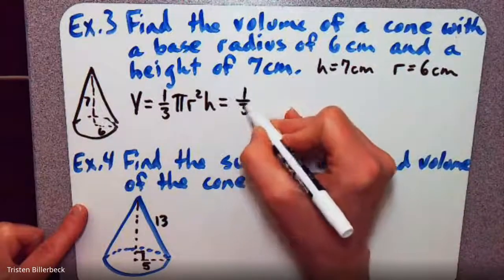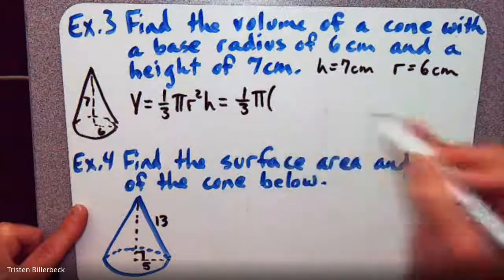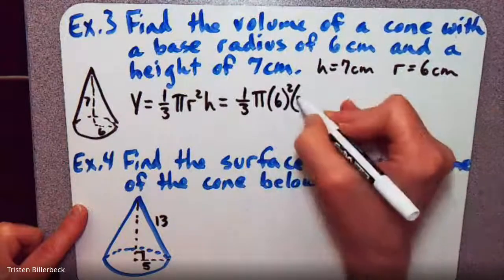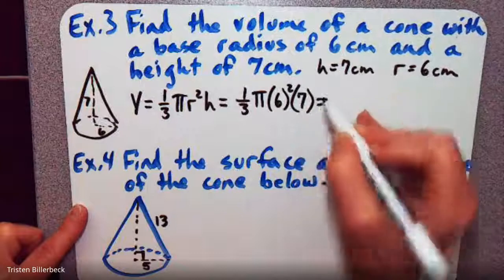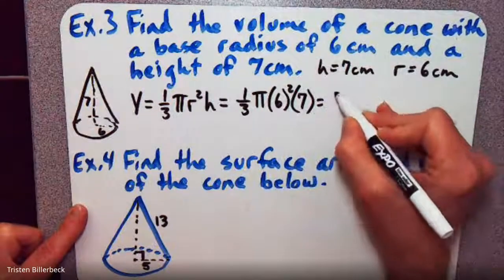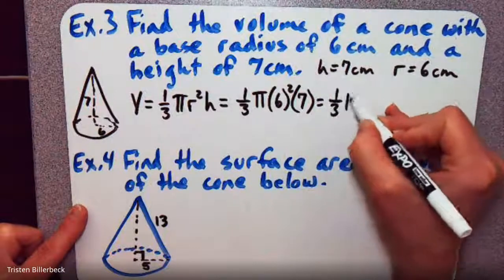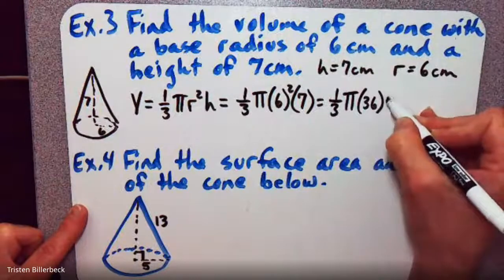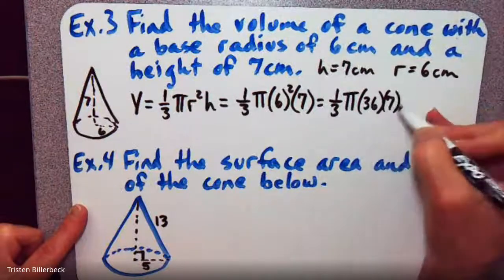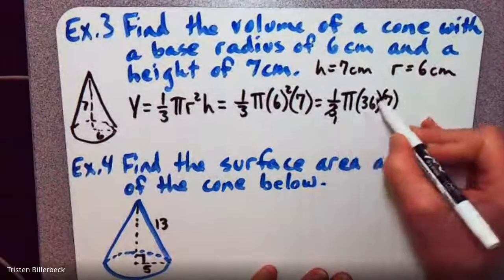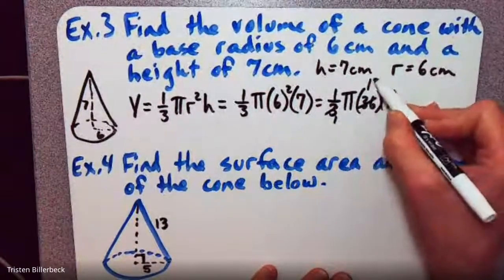So 1/3 pi and then 6 squared times your 7. Okay, so 6 squared, 6 times 6 is 36. So we have 1/3 pi times 36 times 7. Okay, so 1/3 of 36 is 12.